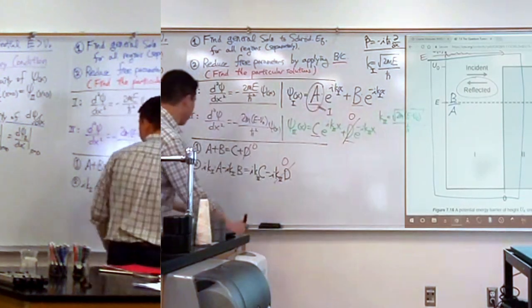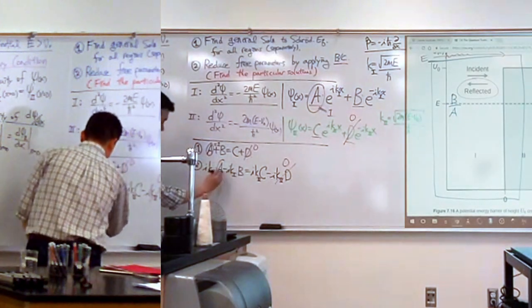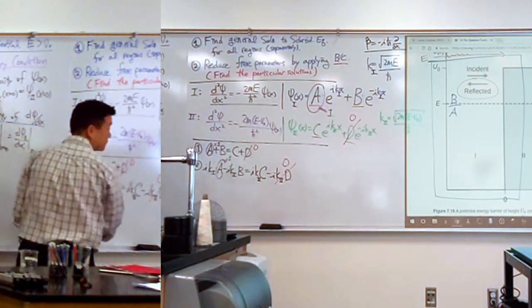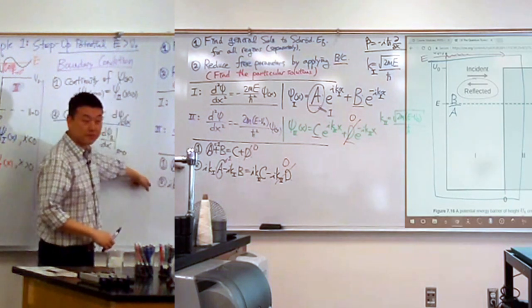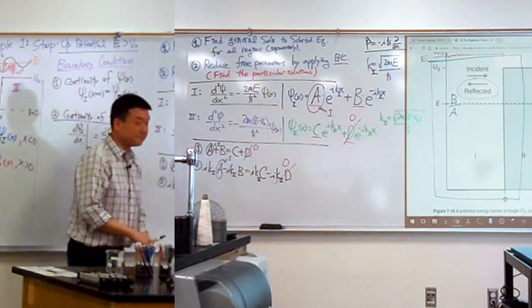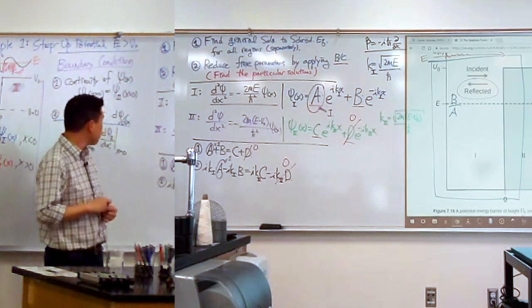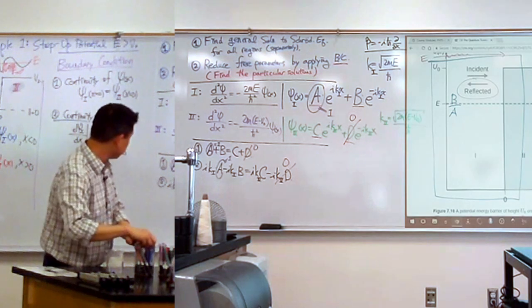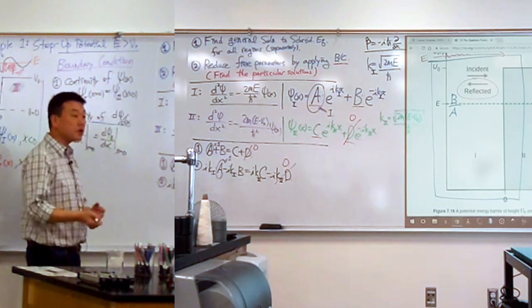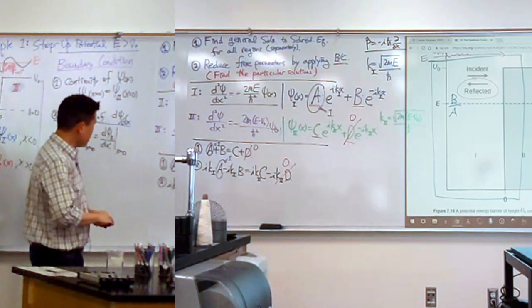So this A, let me set that equal to 1, and this A, let me set that equal to 1. Then I have two equations, two unknowns, B and C. Now I can solve for them, and show you some physical meaning of the result, because I think it's an interesting result that agrees with your intuition.